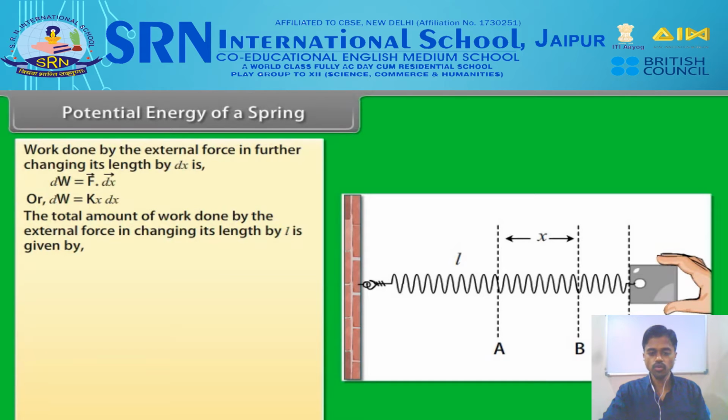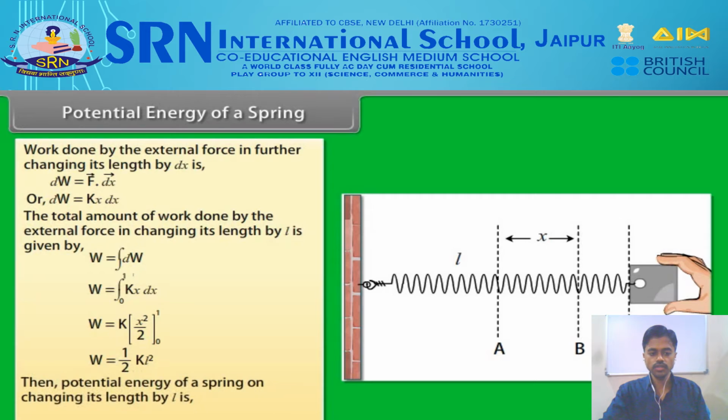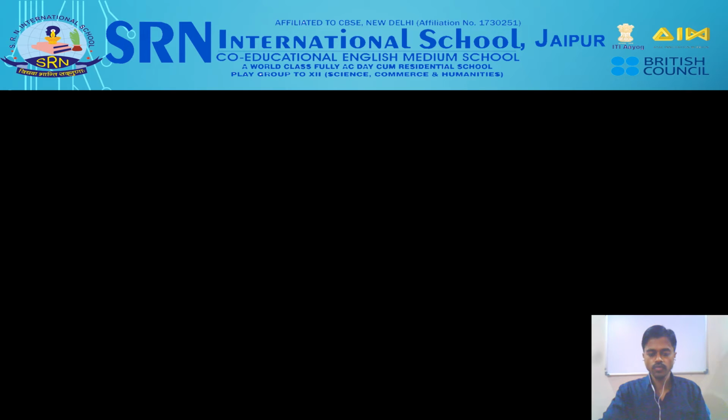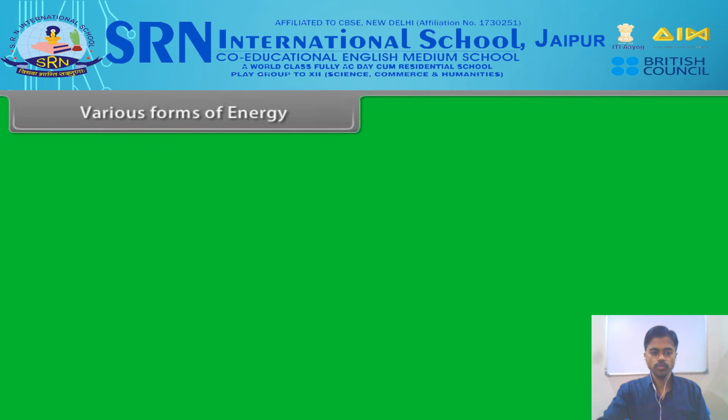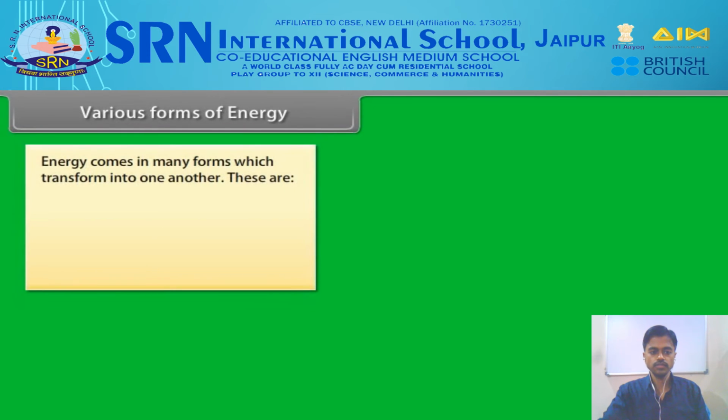So dW is equal to kx dx, and integration gives W equal to the integral of dW, that is kx dx over the initial to final point, and it gives W equal to half k x square, which is the work done by the spring when a mass is attached to it.